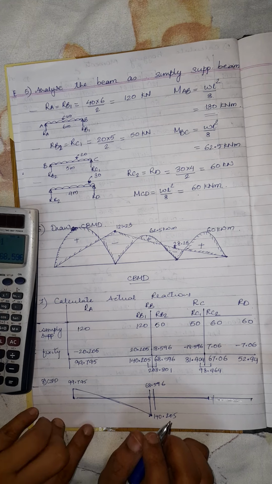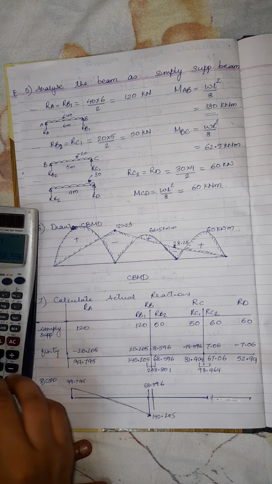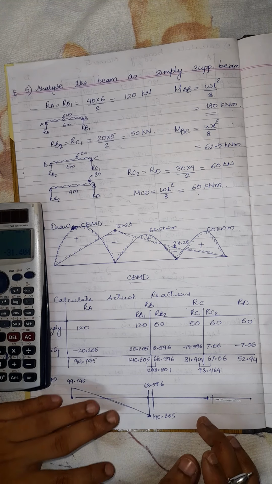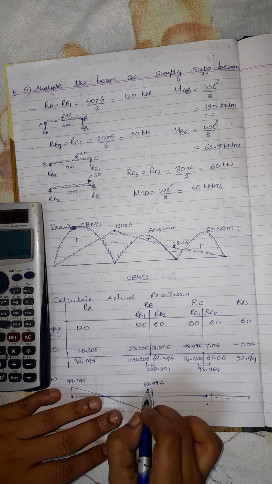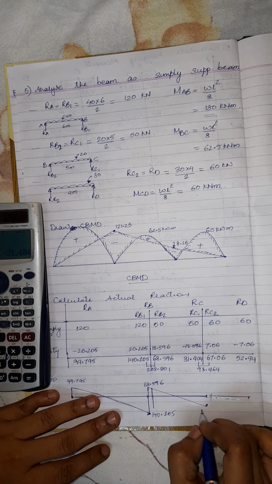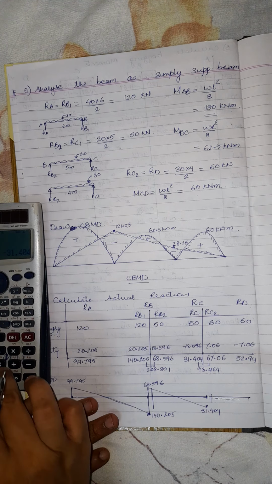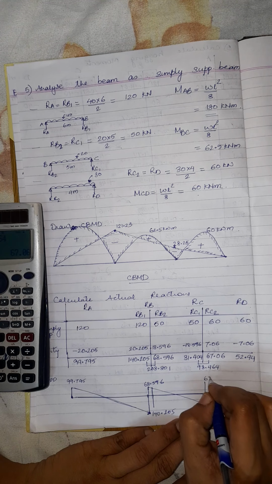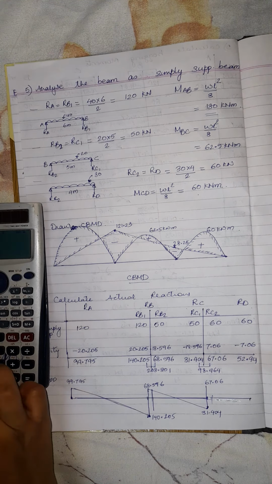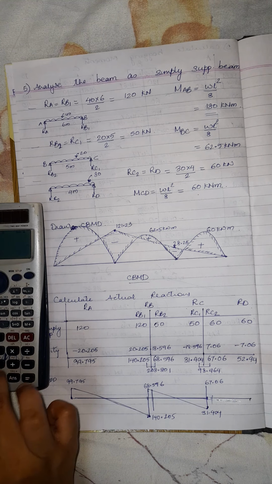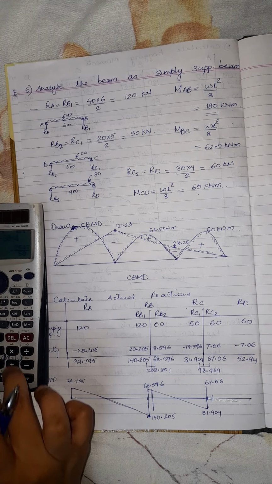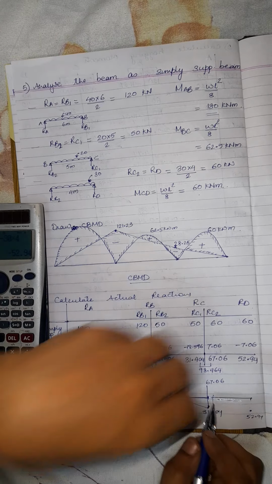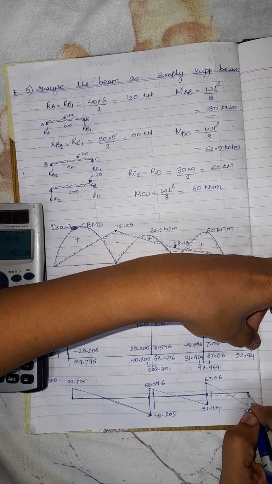Then minus 20 into 5, so I get 31.404, then plus 98.464, 67.06, minus 30 into 4, I get value 52.94, join this, and then plus 52.94, this closes.